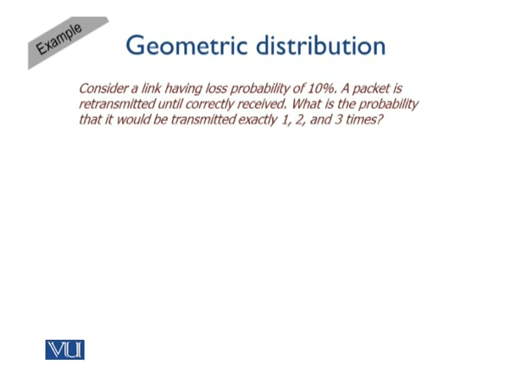So to answer this, if a packet has to be transmitted only 1 time, there would be no failure. If it has to be transmitted 2 times, there has to be a single failure. If it has to be transmitted 3 times, there has to be 2 failures followed by the successful delivery. So this is actually very similar to the example that we just did.